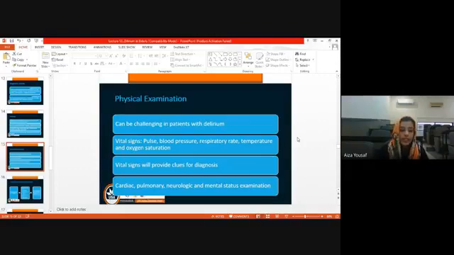That's why vital signs will give us a major clue. As well as vital signs, we also examine the cardiac system, pulmonary system, and perform neurologic and mental status examination.